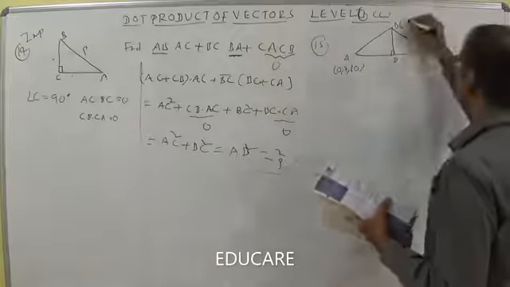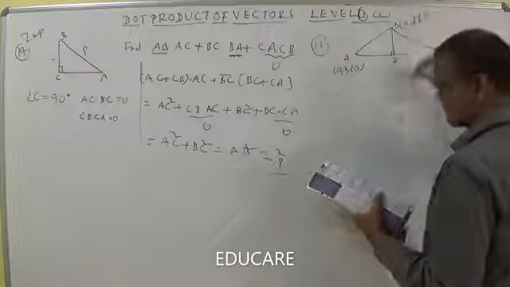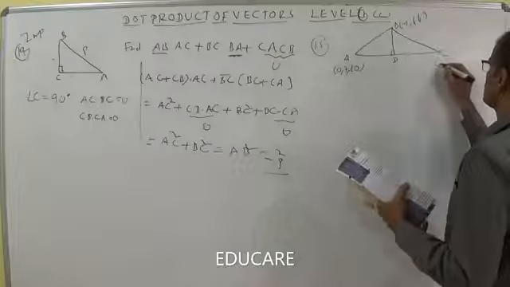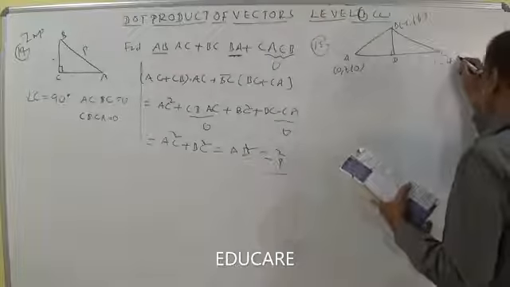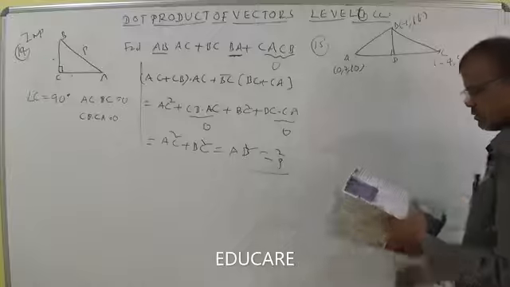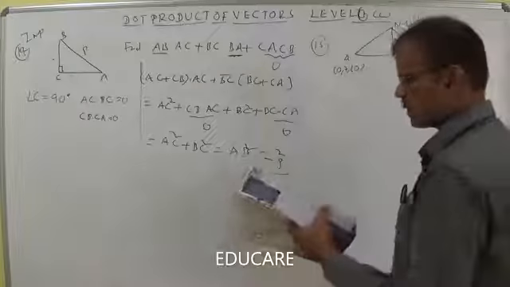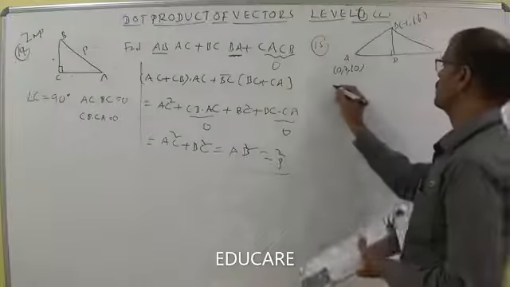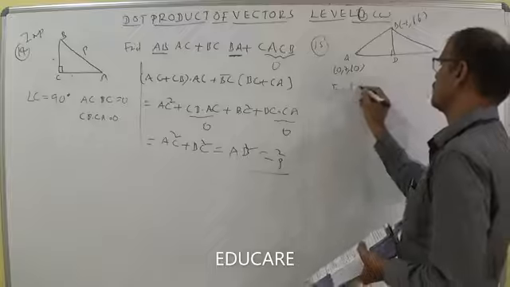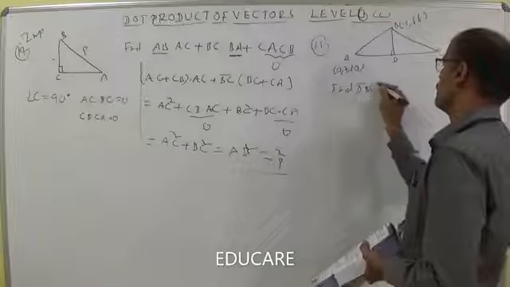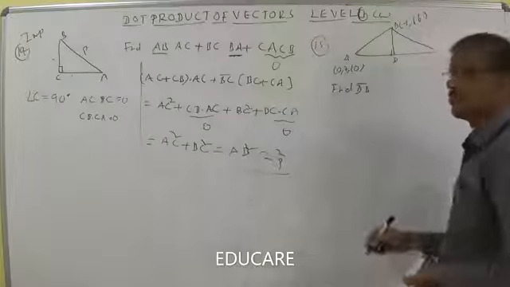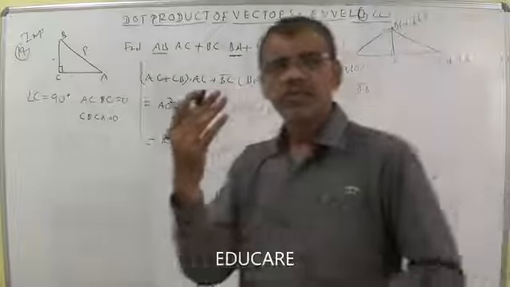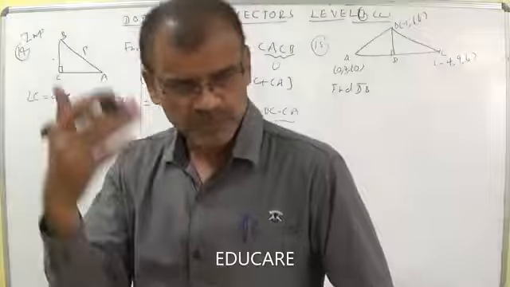B component he has given as -1, 6, 6, and C he has given as -4, 9, 6. Let D be the foot of altitude. You should calculate DB. Find DB. So you should remember the formula: DB is the perpendicular concept.